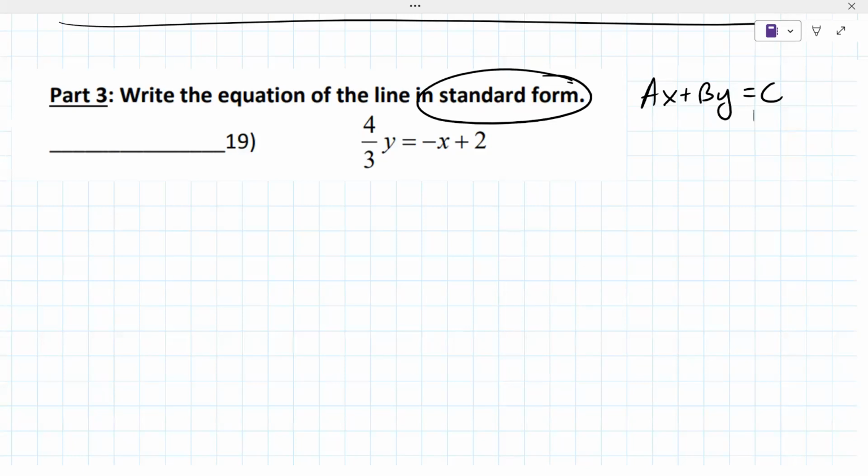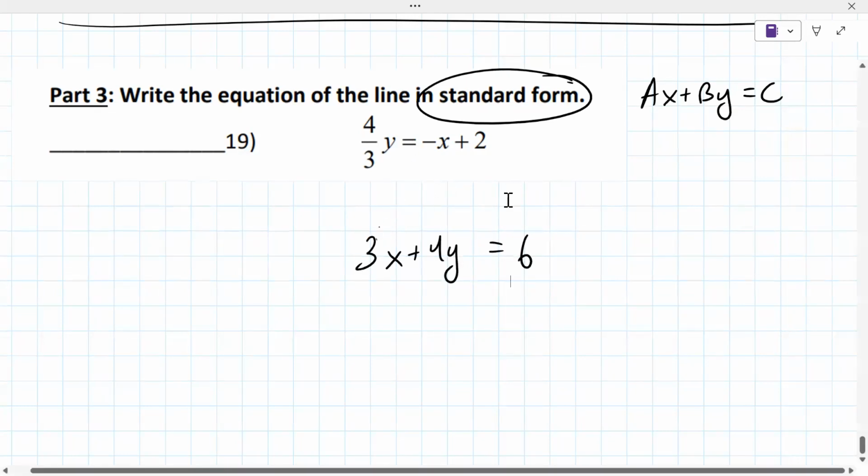Okay, 3x plus 4y is equal to 6. Like that? Yeah, that looks good.